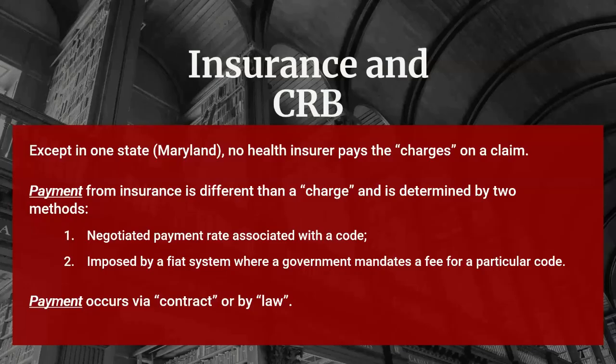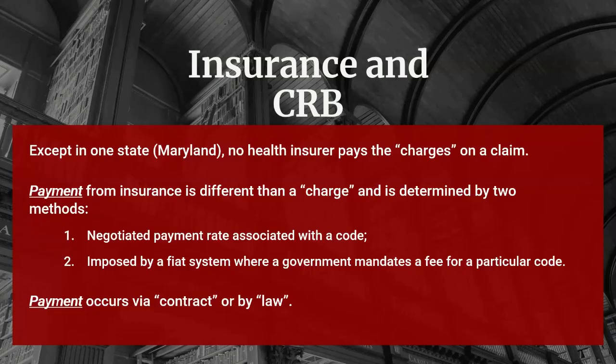For commercial insurance, the payment rate associated with the code, a CPT code or a DRG code, is negotiated between the insurance company and the institution. And again, that charge rate is the ceiling. It's going to be the institution's first initial offer. But the agreed upon payment rate is going to be whittled down and lowered during the process of negotiations.